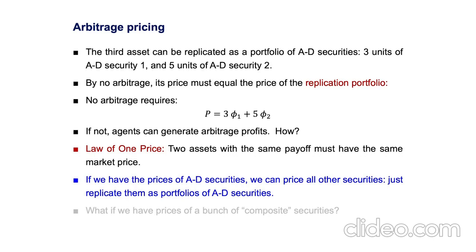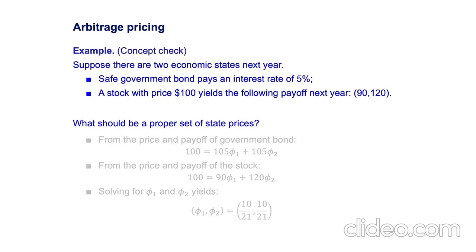Now, of course, this all relies on the assumption that we have the prices of all the Arrow-Debreu securities. What if we have prices of a bunch of composite securities? Let's consider a simple example. Suppose that we have two economic states at day one.